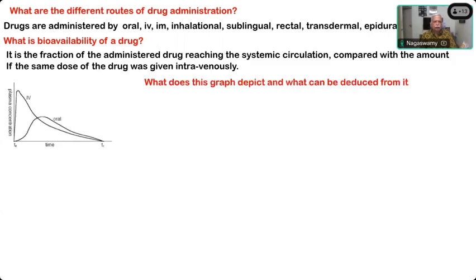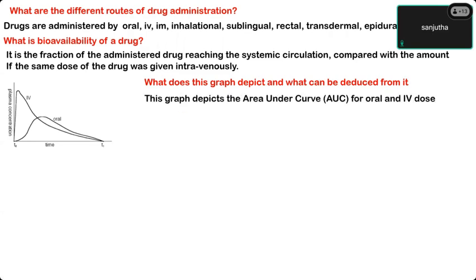So, what does this graph depict and what can be deduced from this? You have IV administration where plasma concentration shoots up immediately and then starts declining. Another one you have the oral administration where the plasma concentration gradually increases to a particular level and then starts declining. In intravenous, it is 100% bioavailability.